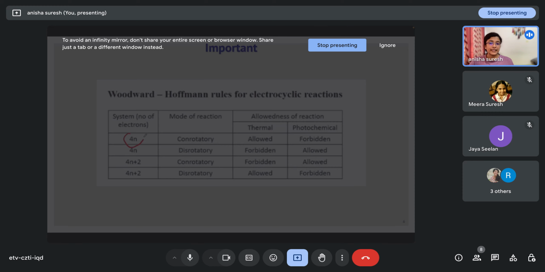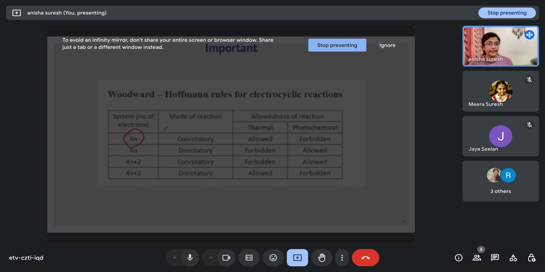So if there is a 4n electron system and it is conrotation, then under thermal condition it is allowed, and under photochemical condition it is forbidden because of non-constructive orbital overlap. In the case of 4n electrons and disrotatory mode of reaction, then thermally it is forbidden and photochemically it is allowed.